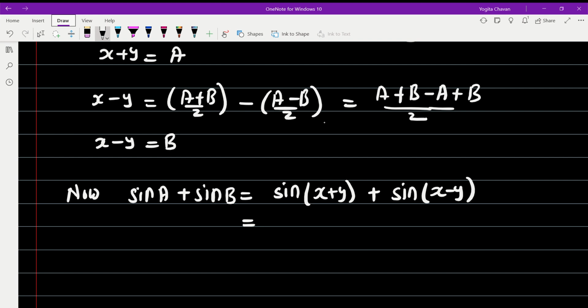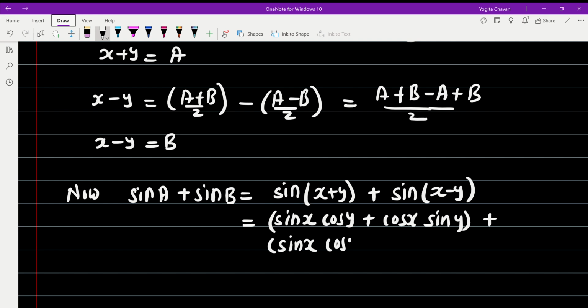is equal to, now sin (x plus y) is sin x into cos y plus cos x into sin y. This is the formula for sin (x plus y). Plus now sin (x minus y) is sin x into cos y minus cos x into sin y.